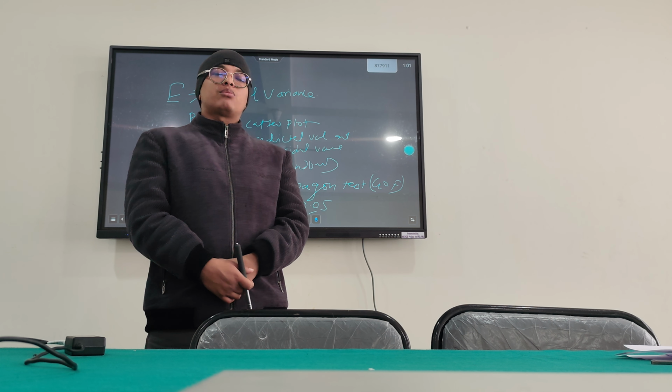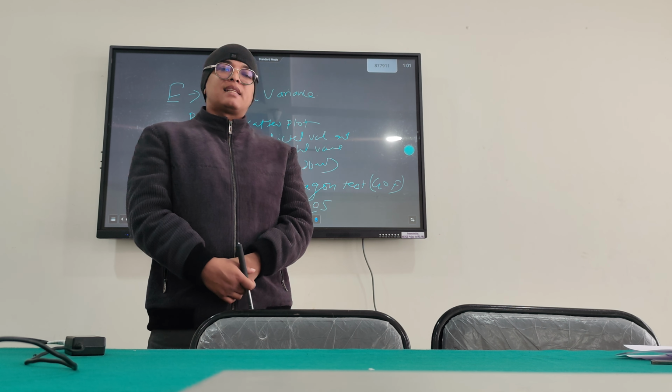For residual analysis, you perform the LINE analysis. L means linearity of residuals. How will you confirm linearity of residuals? You plot a lowess scatter plot of residuals against predicted values, and if it is near 0, linearity is confirmed. Or you can take the mean of the residual values, and if it is 0, linearity is confirmed. Then independence, which is particularly for time series analysis: you plot the ACF plot.